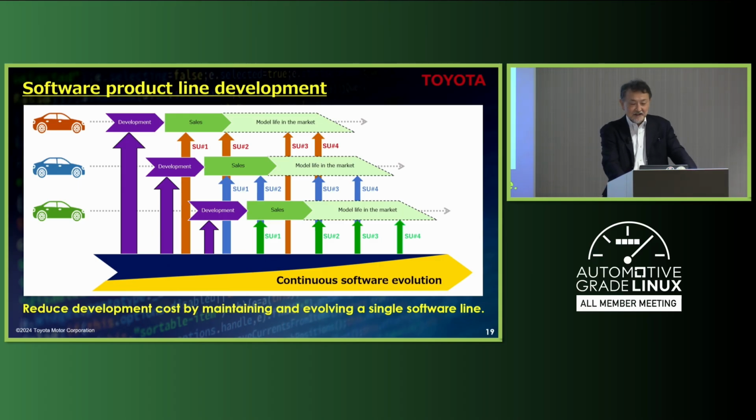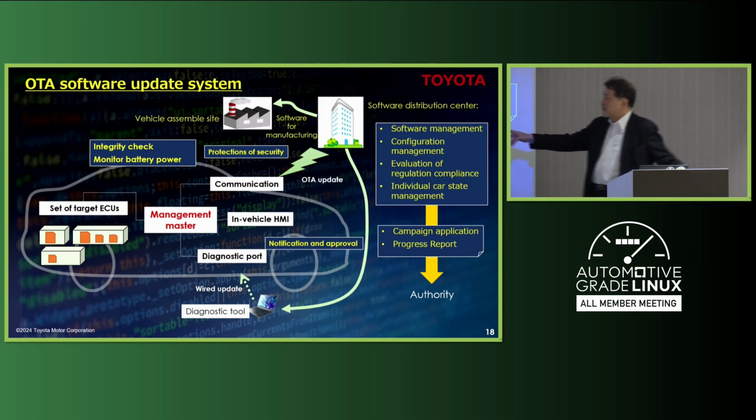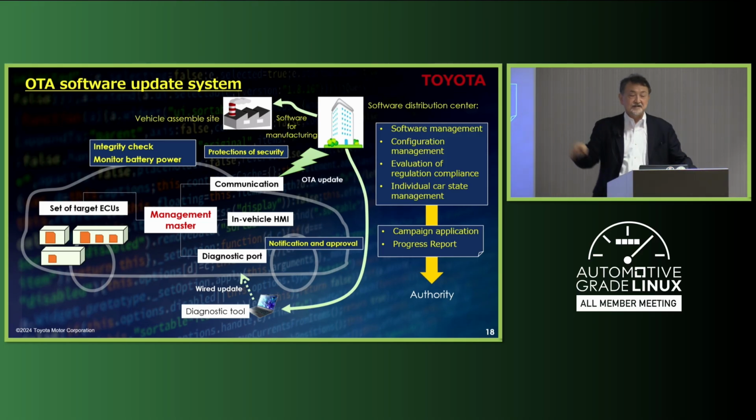So that's important. And also, as I mentioned, the software update capability is required, and we have to keep maintaining the combination of the versions of software in a vehicle whenever it's updated, especially in the OTA age, because we may not be able to adjust that easily, so the OTA managing master must be present to control those things.